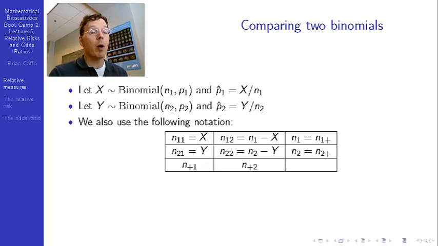And then if we need a margin, a point that aggregates over either rows or columns, we'll mark that with a plus. So n plus 1 means that we summed over the first index, and 1 plus would mean we summed over the latter index.